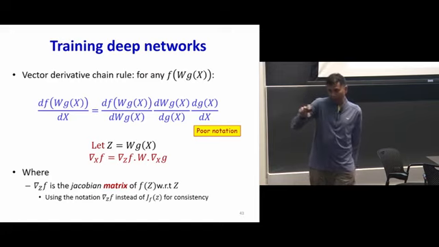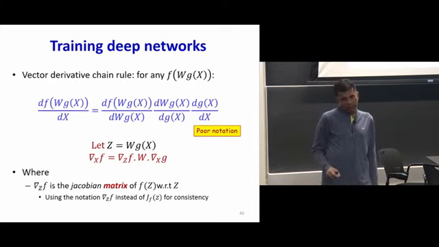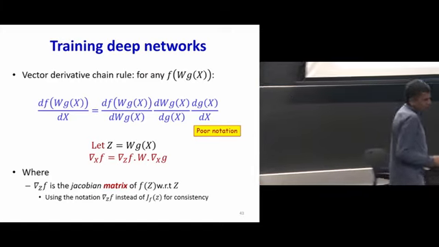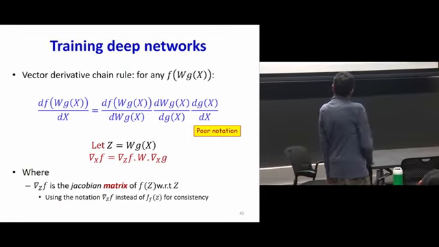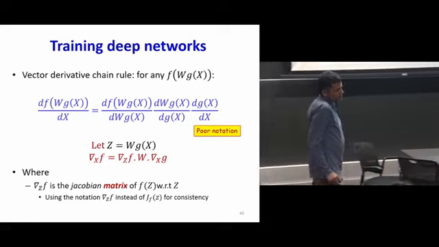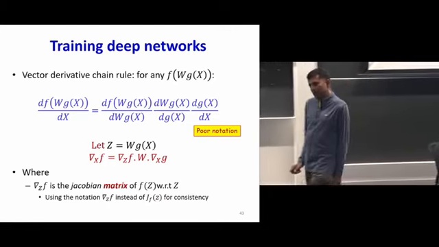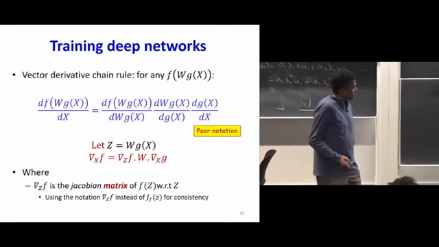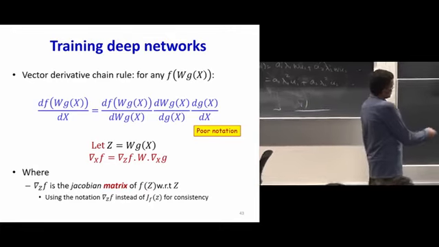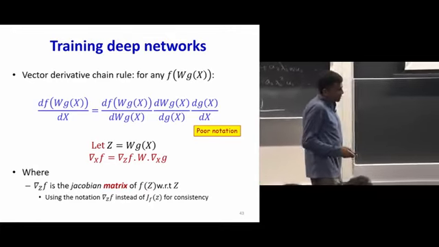This is just the standard left to right chain rule that we've written several times in the past, right? And this derivative of f with respect to z is simply the Jacobian matrix for the final activation function, right? I'm just using the inverted triangle instead of writing J for consistency.